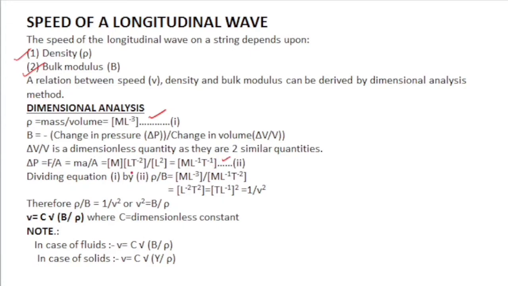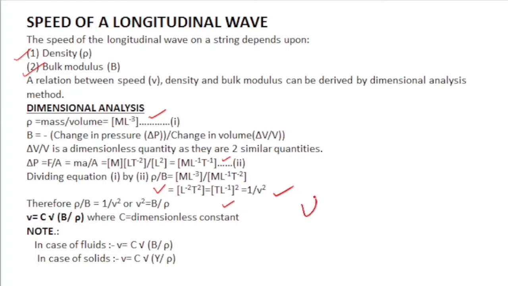When you divide, you get rho by B. Rho is density, ML^-3, divided by bulk modulus, which is ML^-1T^-2. So you get again (TL^-1) whole squared, and this TL^-1 is nothing but 1 by V whole squared. From here you get V squared is B by rho, or V equals under root B by rho, with a dimensionless constant.